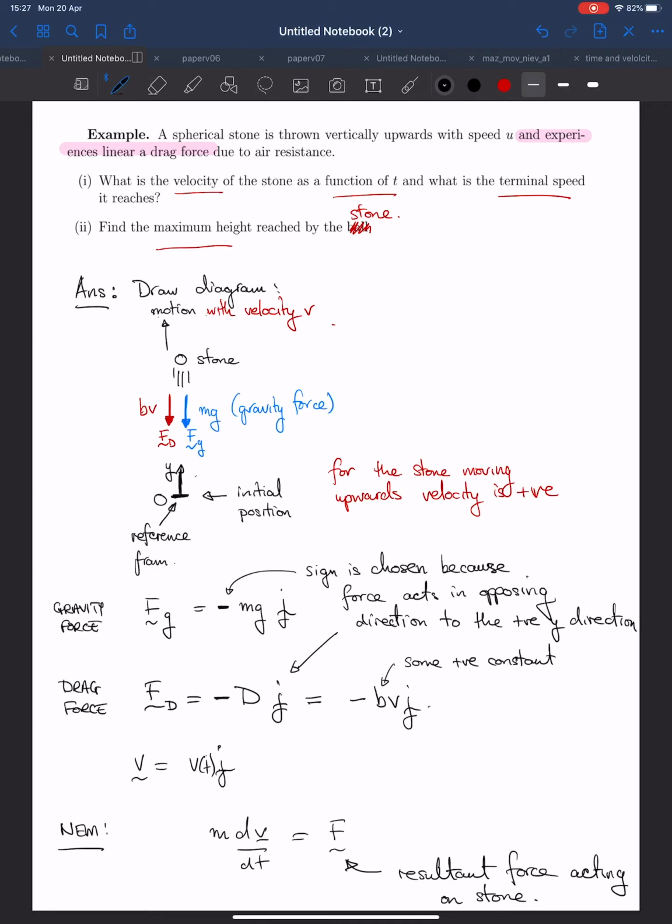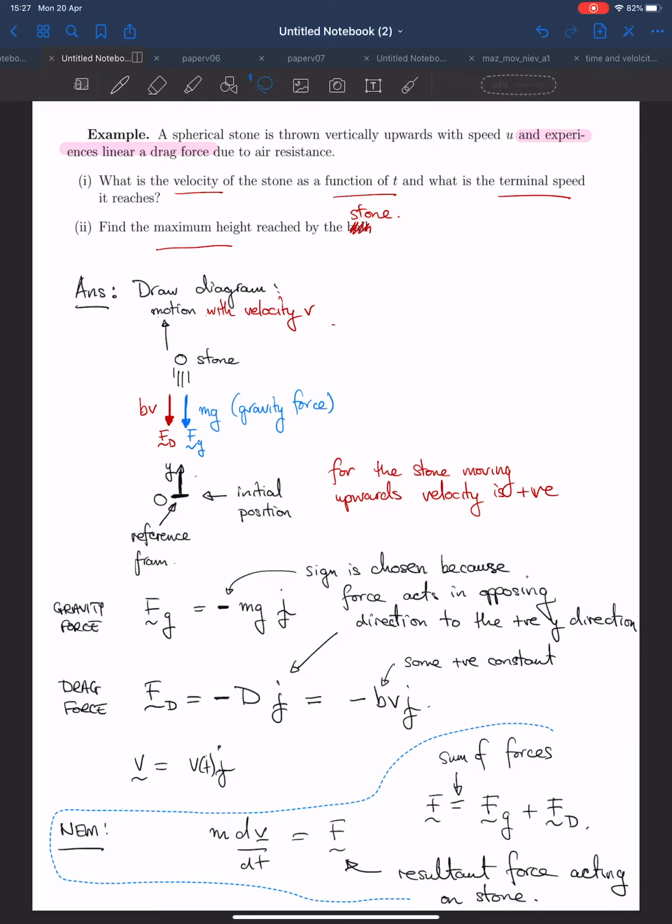So what is it? Well, if it's the resultant force, it's the sum of forces. Actually, I jumped a step. We have to add Fg to Fd, and we'll calculate this on the next page. So this is where we're up to.